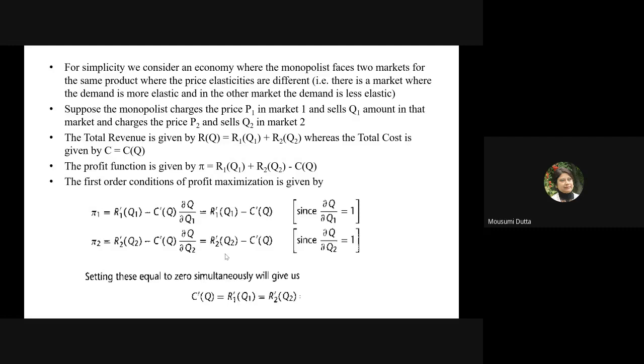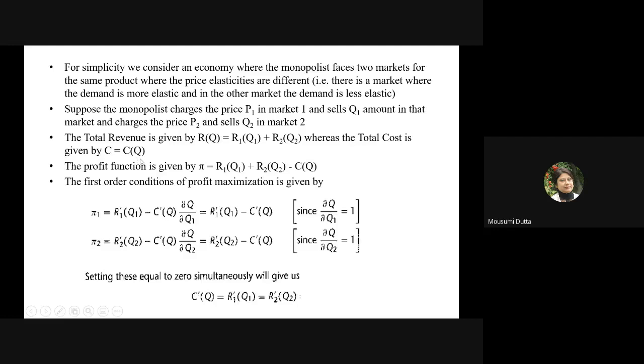So if I write the revenue equation, it will be R equal to R1 as a function of Q1, because a part of revenue is coming from market 1, plus R2 as a function of Q2, because another part of revenue is coming from market 2. Whereas total cost is given by C, which is a function of Q only, aggregate output Q1 plus Q2. Why?